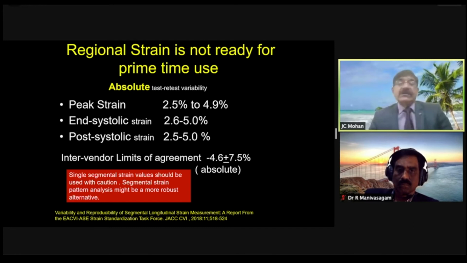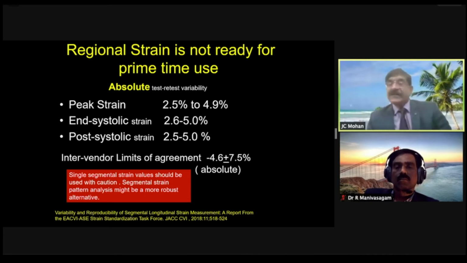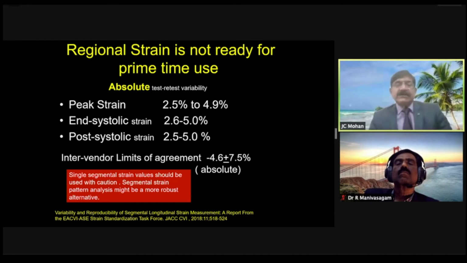Actually, the inter-vendor limits of agreement can go as much as plus minus 7.5%, and hence somebody might tell you that the regional strain is 1%, the other machine can tell you 16%. So that is the big variation. Hence, single segmental strain values should be used with caution. Segmental strain pattern analysis may be a more robust alternative rather than absolute values.